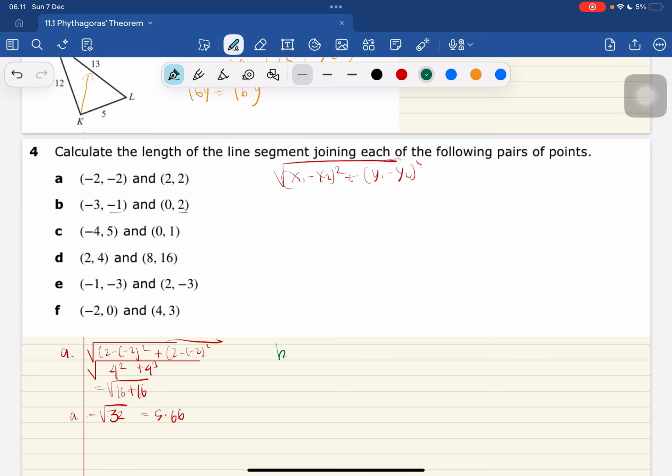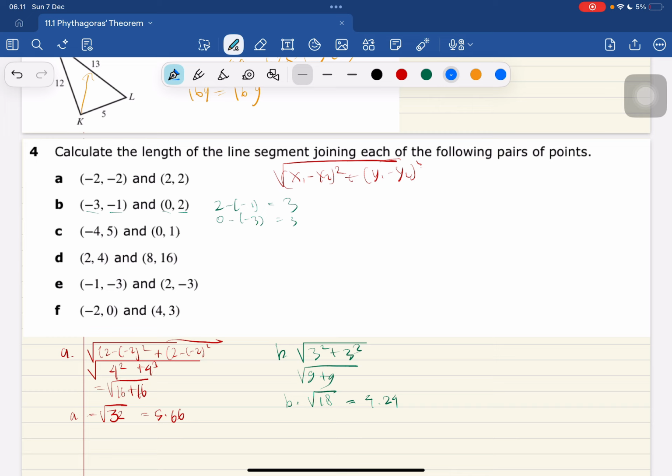Next B. Okay, let's find it. Y1, Y2, 2 minus minus 1, it's gonna be 3, and then 0 minus 3, it's gonna be 3. Okay, so this is square root of 3 square plus 3 square. So square root of 9 plus 9. So B is square root of 18, or equal to 4.24.